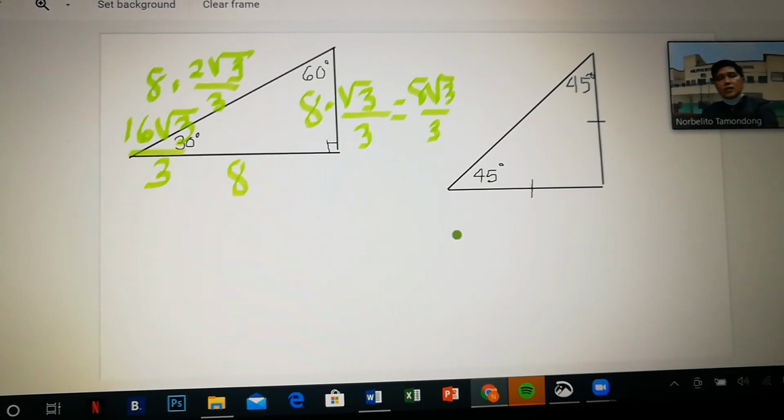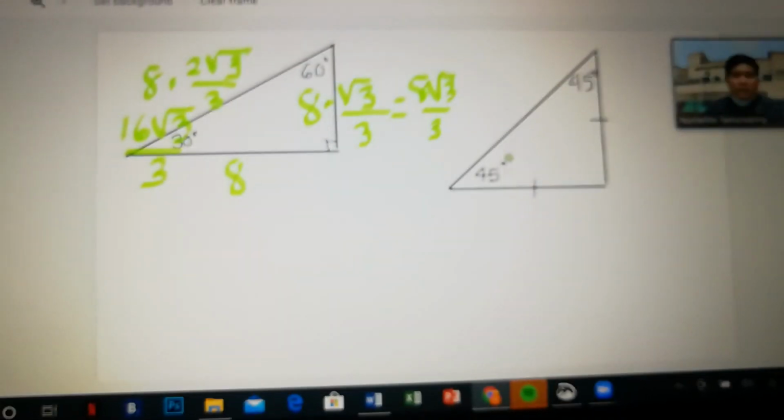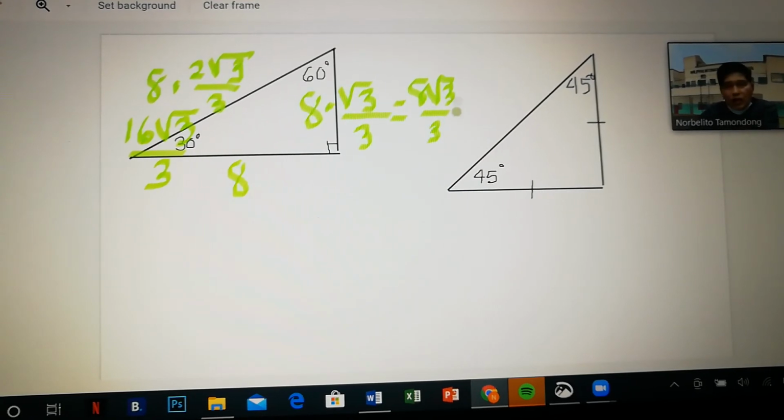Okay, so next is using the 45, 45, 90. Now, let's say the hypotenuse is equal to 8. How do you find the congruent side? The congruent side is just simply, instead of dividing by square root of 2, multiply the given hypotenuse, which is equal to 8, by square root of 2 all over 2.